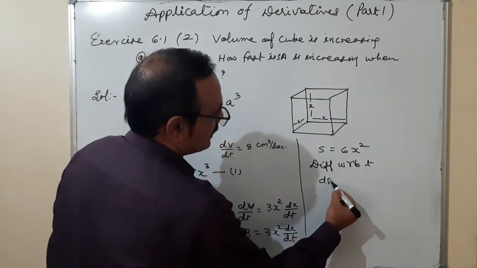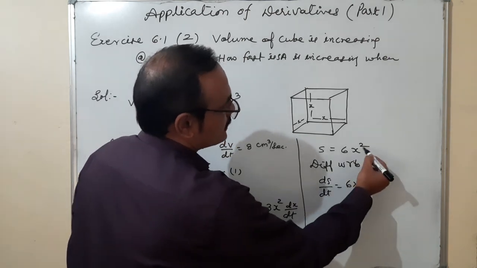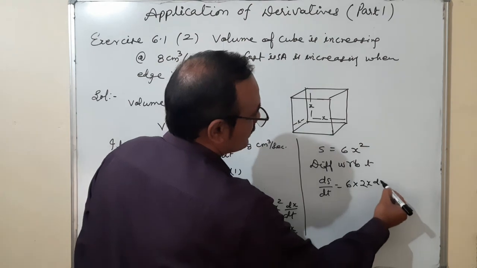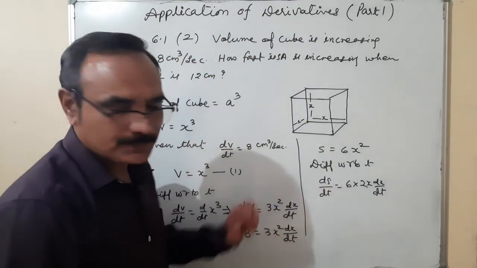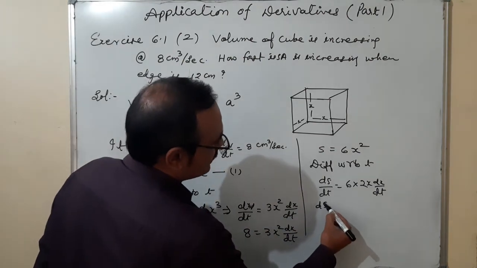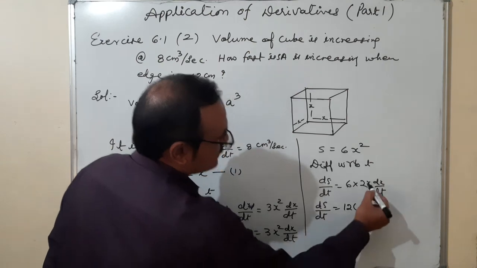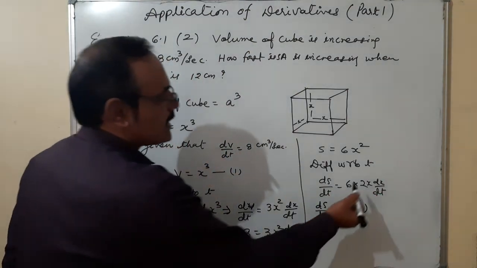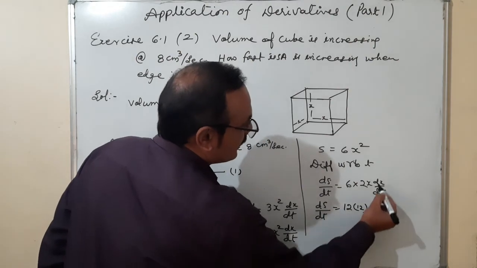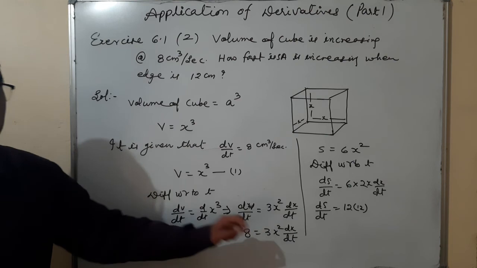So dS upon dt is equal to 6, and differentiation with respect to t, we write here 2x dx upon dt. Okay. We are finding the value of this term, dS upon dt, as it is 6 times 2 times 12. At what time? The time when the edge is 12. So in place of x put 12, and dx by dt. dx by dt is 8 upon 3x square.